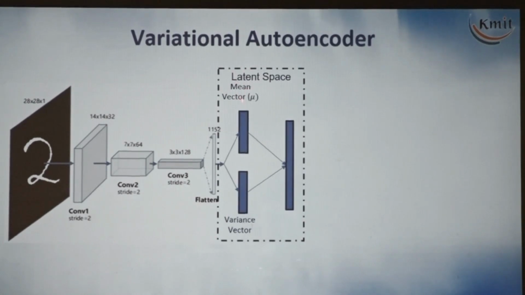In that there is the mean vector and variance vector, and the sample we are taking is called the latent vector. And how can we generate that latent vector? For that there are some formulas. By using these two vectors, we have to create this.